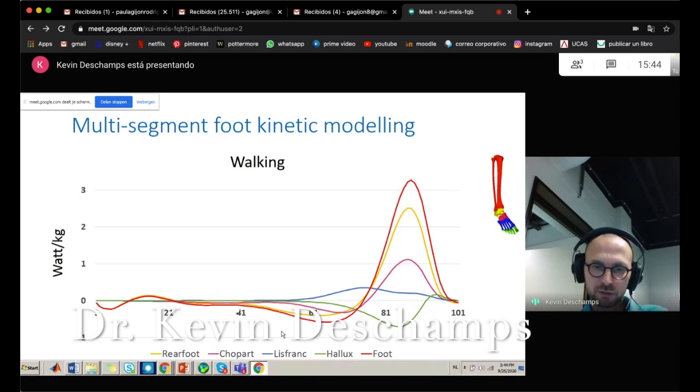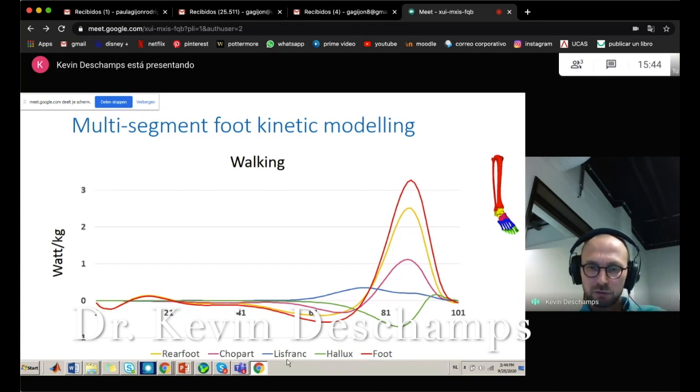But on top of that, for the Chopard joint, something that we already knew theoretically, that it is quite an important joint during dynamic activities, we see that the Chopard joint has almost 0.5 watts per kilogram absorption capacity during mid-stance and terminal stance, whereas in pre-swing, in the propulsive phase, we see a considerable power generation capacity, approximately 1 watt per kilogram.